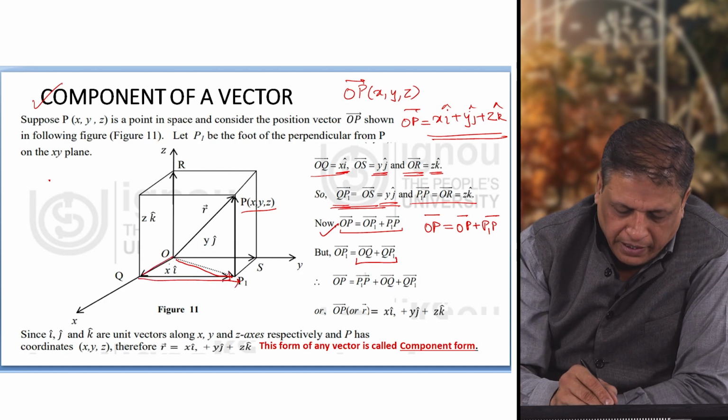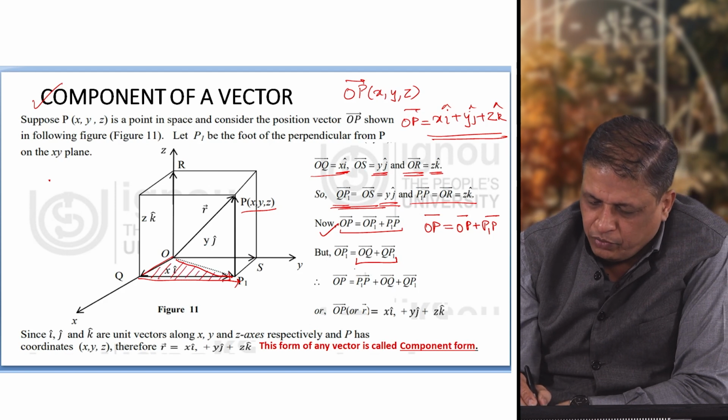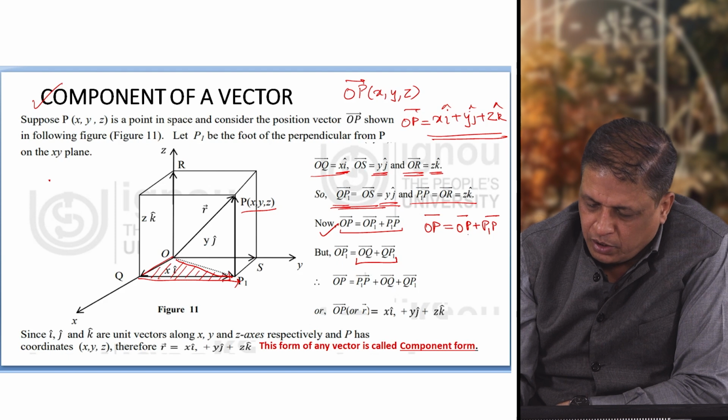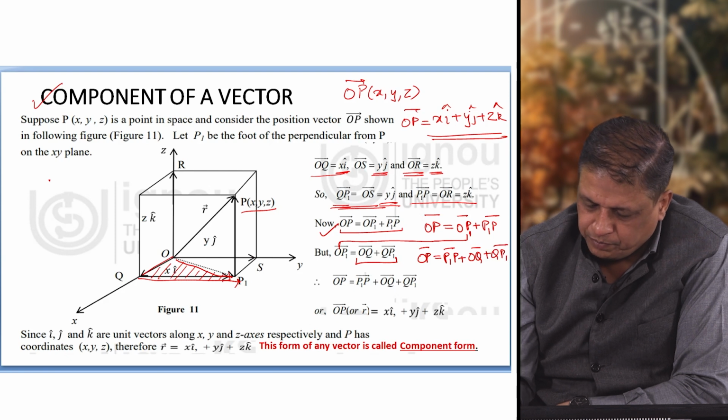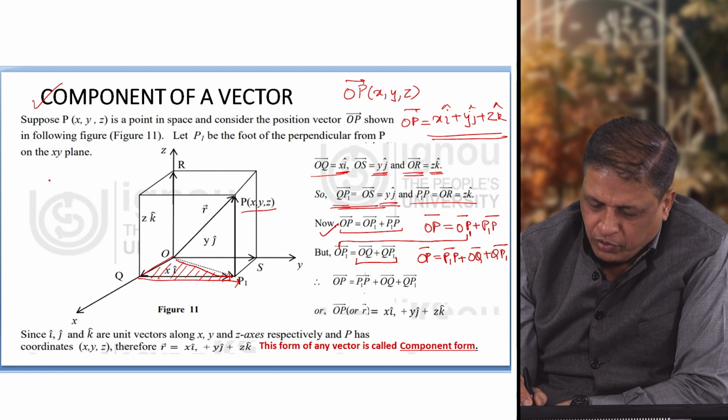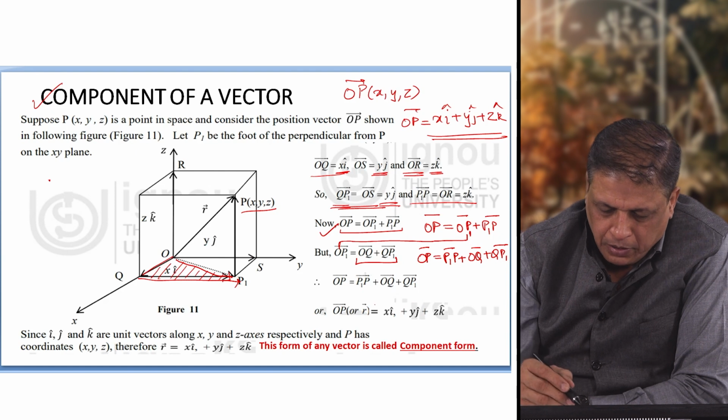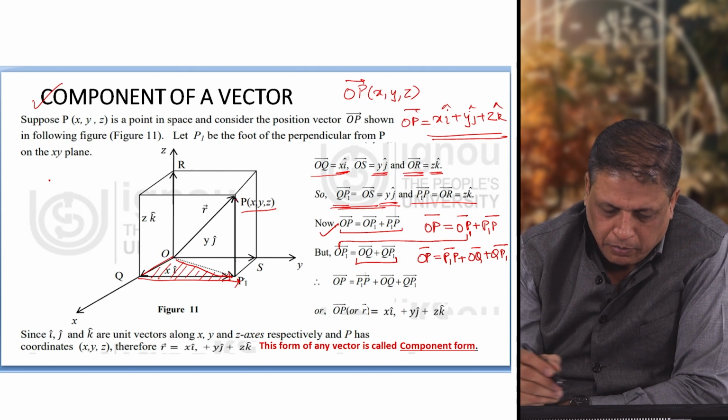Applying the triangle law of addition of vectors into this triangle, we can always say that OP1 is nothing but OQ plus QP1. So, replacing this in this equation, you can always see that OP vector can be written as P1P vector plus OQ vector plus QP1 vector, and P1P vector is nothing but zk.